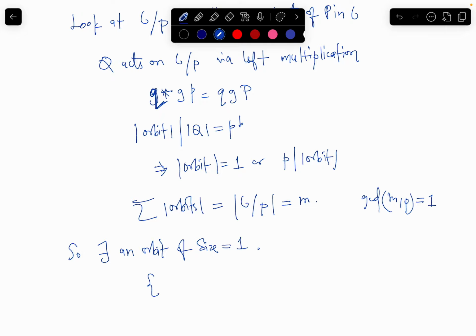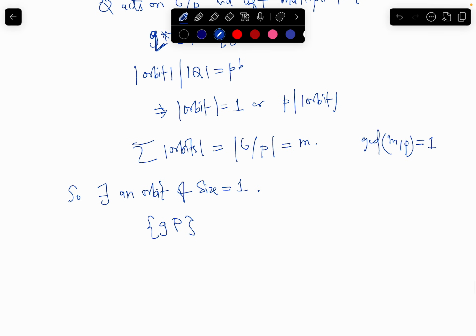So we will call that gP. So this is how we catch hold of such a g. So there exists a g such that gP is the orbit, and the size of the orbit is 1. So what does that mean?